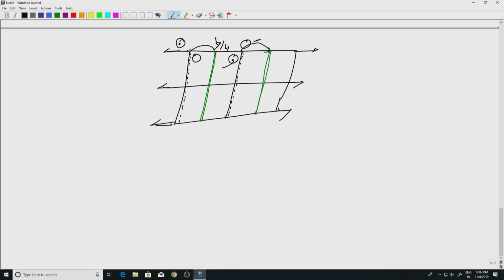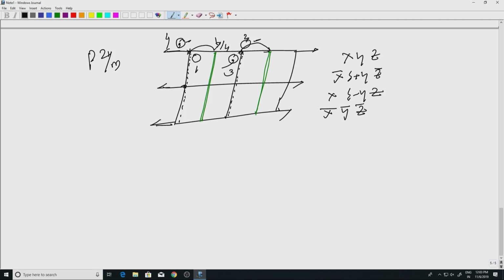So your inversion is getting generated. So these are the inversion centers. Now 1, 2, 3, 4: x, y, z, x bar, half plus y, z bar, x, half minus y, z, x bar, y bar, z bar. There are 4 asymmetric units.